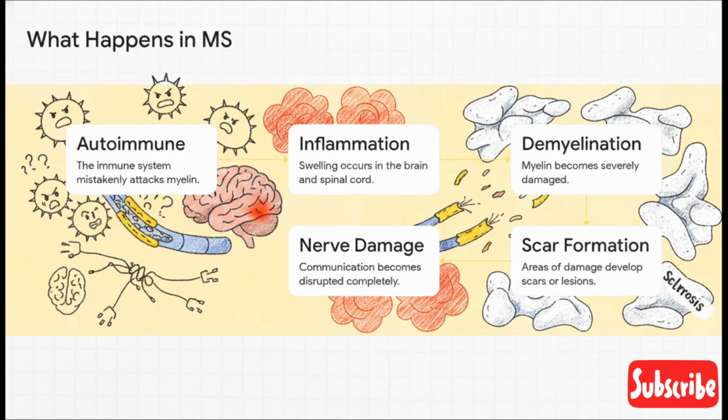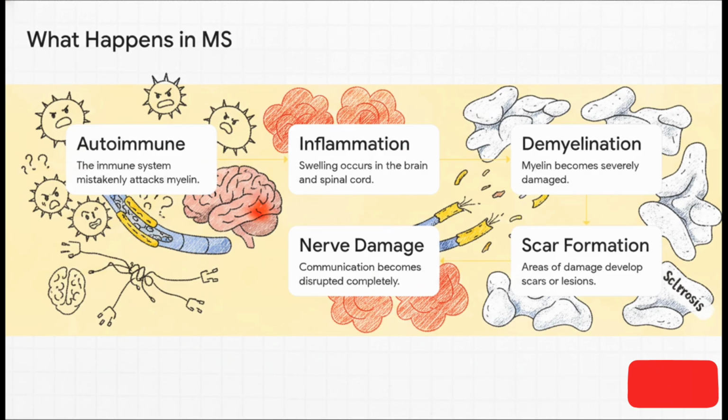MS is fundamentally a massive autoimmune mistake. Step 1, the body's immune system basically gets confused and mistakenly launches an attack on its own myelin. Step 2, this attack causes severe inflammation, basically swelling in the brain and spinal cord. Step 3, that inflammation leads directly to the demyelination we were just talking about.